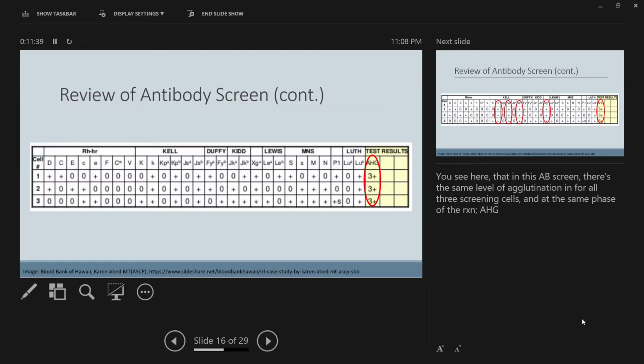So this is an example of the results of an antibody screen, minus the immediate spin and 37 degrees phases. But it'll be a good example of what you do with the results after you get them. So you see here by the red circle that there is a 3+ positive reaction in all three screening cells.